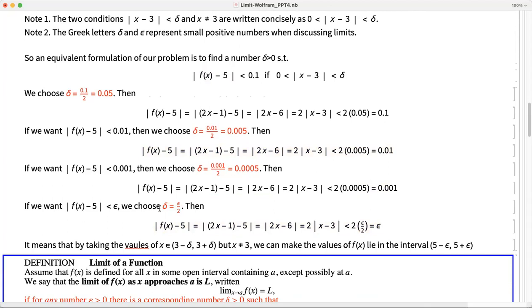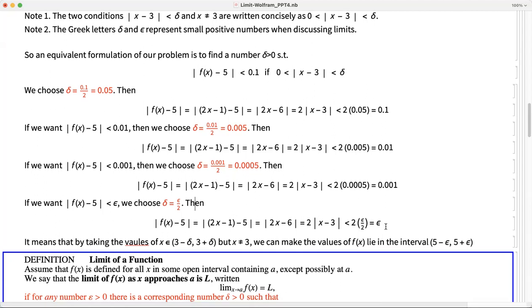Whenever we choose an arbitrary value for epsilon, then we choose delta as epsilon over 2, and the distance between f of x and 5 must be less than epsilon. So from here we get a clue how we can determine delta for any value of epsilon, right?